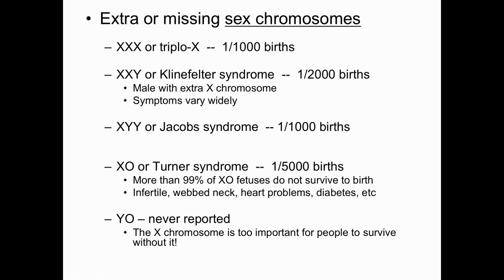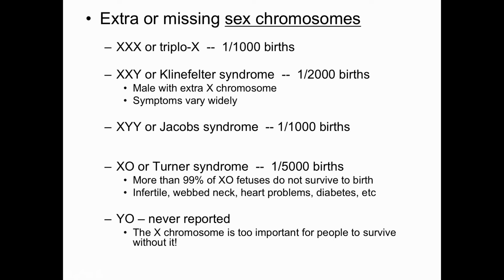So here's a couple other examples. So this first one would be, these are extra or missing specifically sex chromosomes. The first is XXX. So XXX is where a woman has 3 X chromosomes instead of 2. It happens in about 1 every 1,000 female births. Doesn't really seem to be that big of a deal.